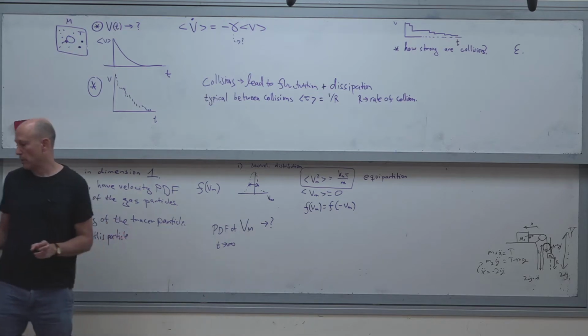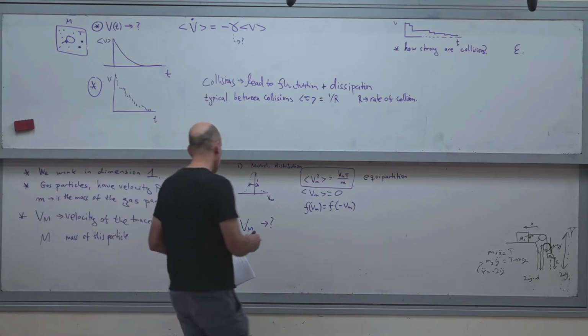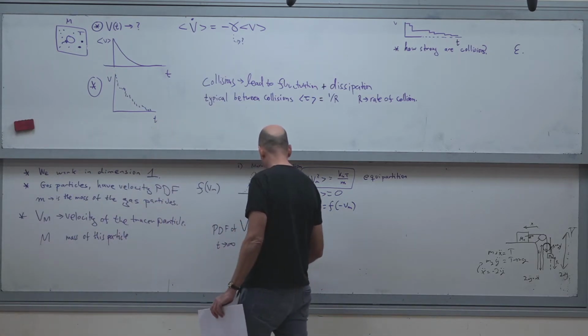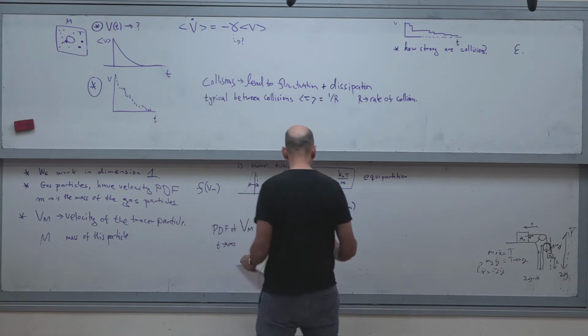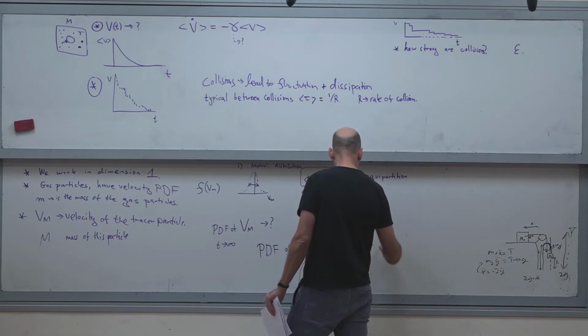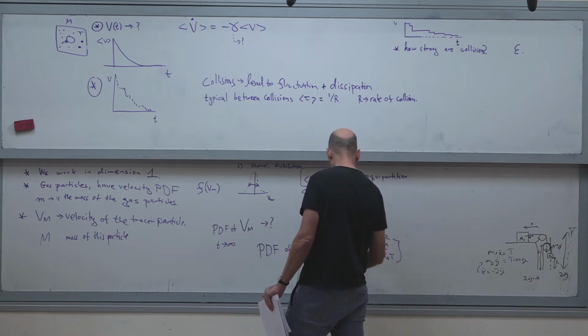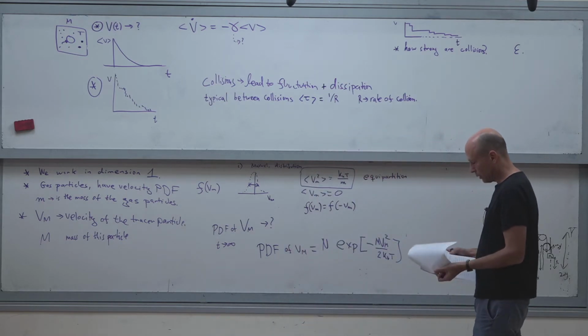So what we expect is to find that the PDF of V_M is equal in the long time limit to the usual Maxwellian, which is exp of minus V_M squared m over 2 k Boltzmann T. And here we have the normalization, the usual 2 pi thing.